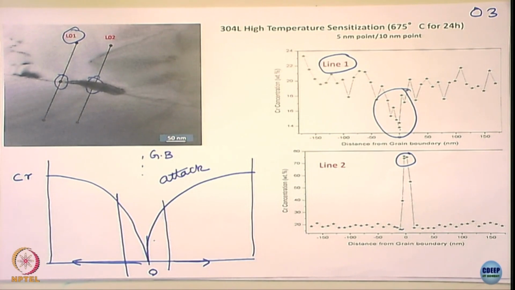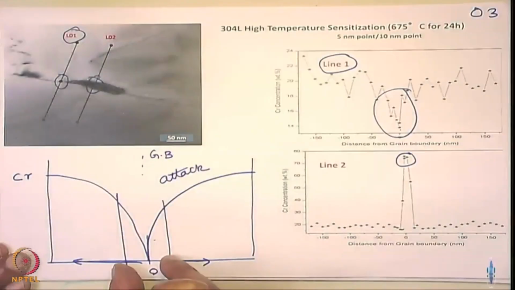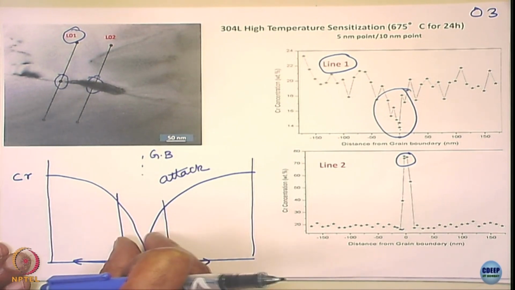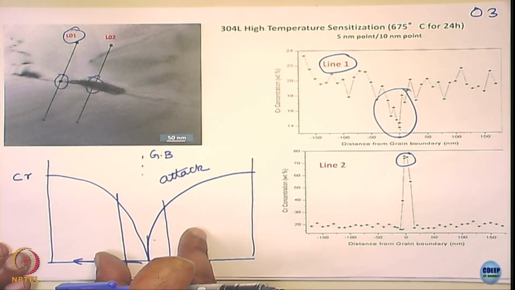I showed you some pictures yesterday, right, where the sensitization has led to deep grain boundary attack. So the width of this attack, what you see here, depends upon the extent of depletion that occurs. If the depletion is narrow, what happens? This attack becomes narrow. The depletion is broader, the attack becomes wider actually, see that, okay.